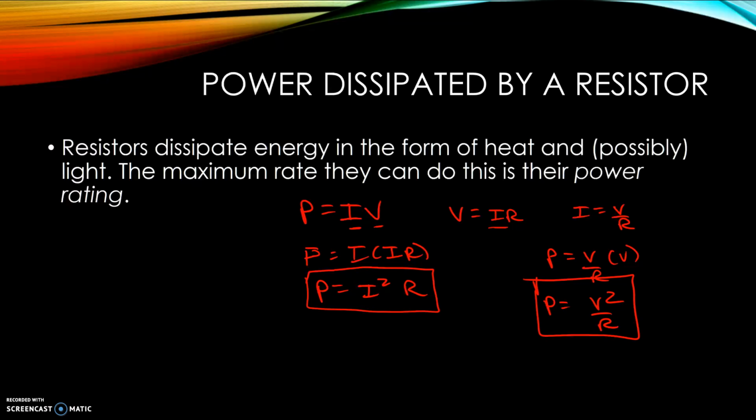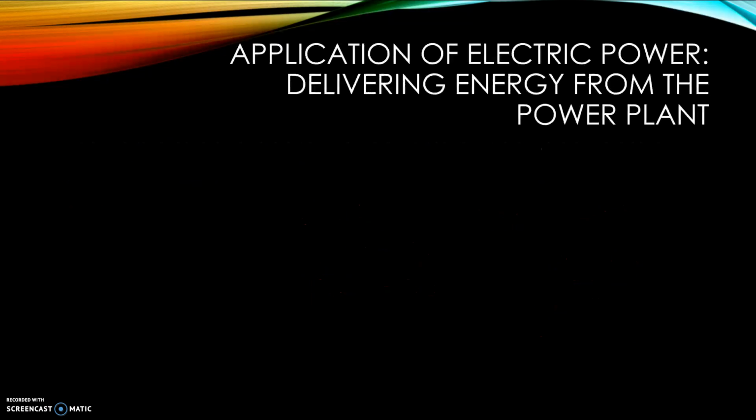Now, a neat little application of this is how the power company, the electric company, has to take this into account when they deliver power to our house. So we have our little power plant, and it's creating the power, and then you have your house over here, and there's all these lines.